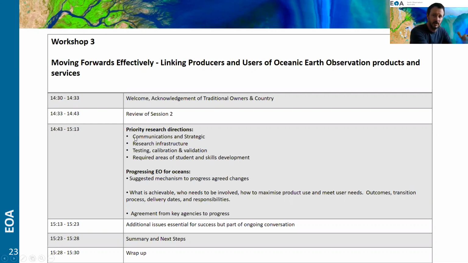Are there any communication activities that could be run? Whether we're talking about national workshops or other types of communication. Priority research infrastructure. So things like, I guess, a test bed, the new technology proving projects within IMOS, and there might be others.